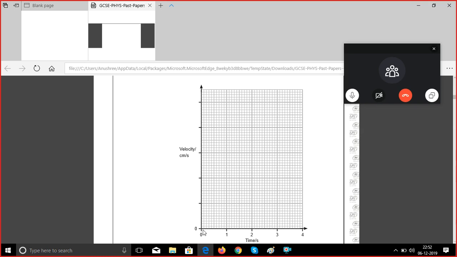If you are plotting here, you can take a gap of 5: 10, 15, 20, 25. So somewhere here you'll get 24, one coordinate. The second is at time equals 4 seconds, velocity 0, so it's here. These are the 2 points, and then join them together. Okay, done.